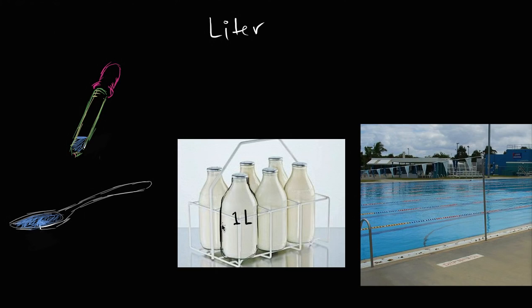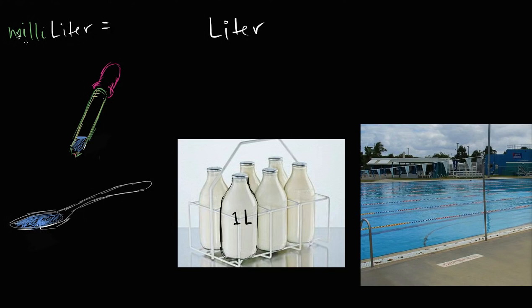So that's a liter. But what if we want to go to really small volumes of water? Well, if we want to go to really small volumes of water, we normally talk about milliliters. Let me write this down. Milliliters. Actually, let me write milli in another color. Milliliters. So it's a milliliter.